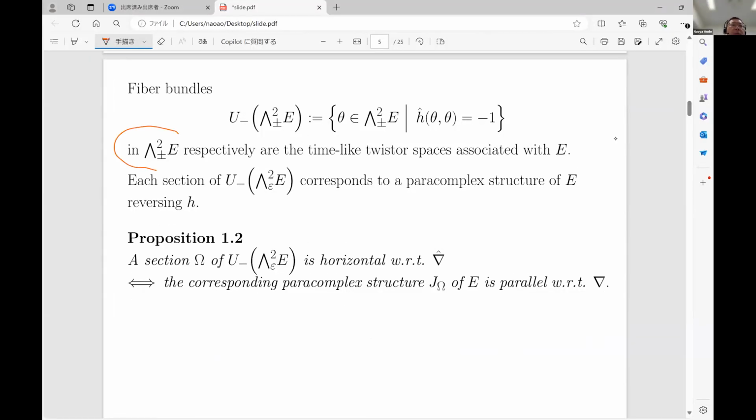In these subbundles, we also consider such fiber bundles. Notice that this is -1.